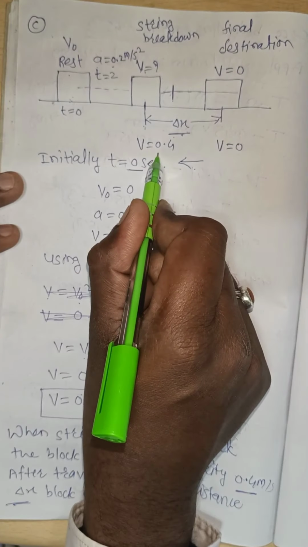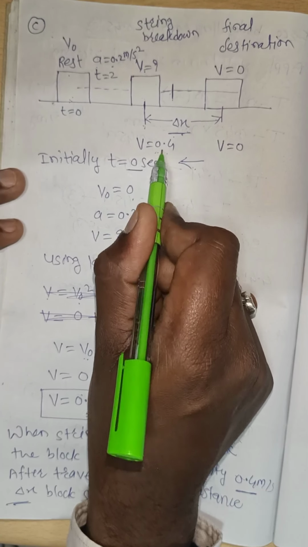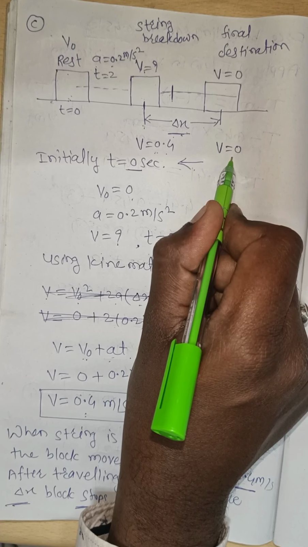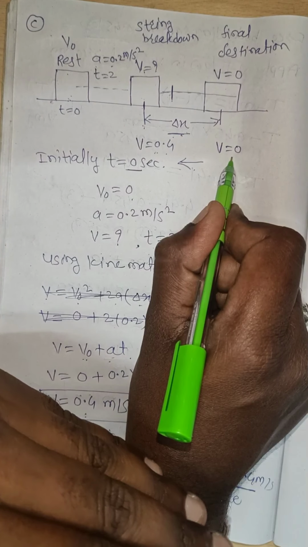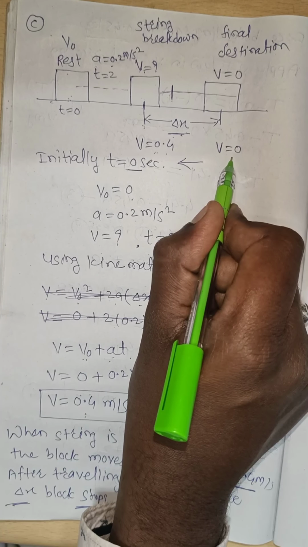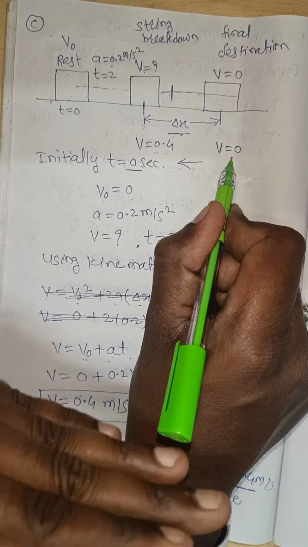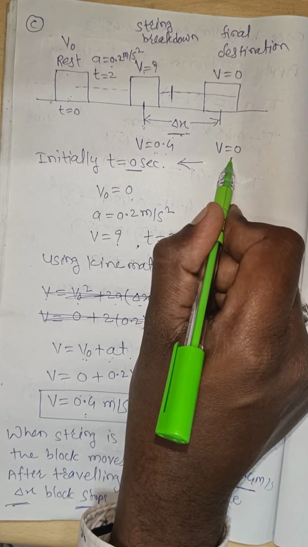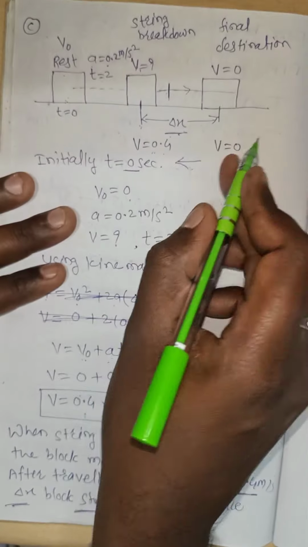Initially the block is moving with a velocity of 0.4 meter per second, but finally the block stops, which means the velocity decreases. When velocity decreases, the acceleration is negative, in the opposite direction to the motion. The block is moving in that direction, so the direction of acceleration is this.